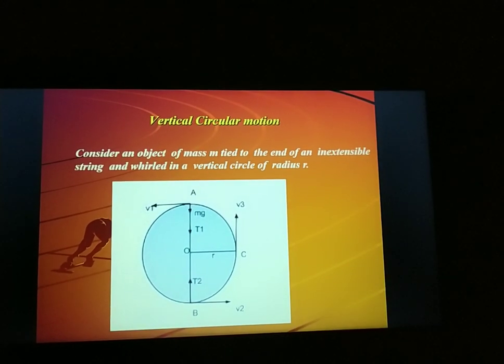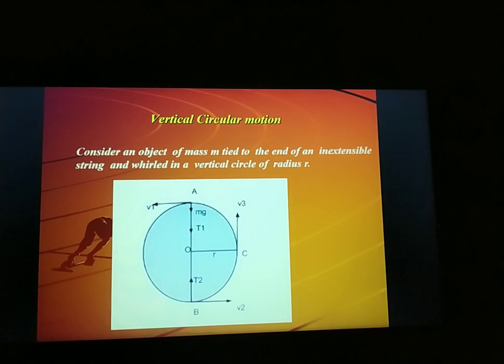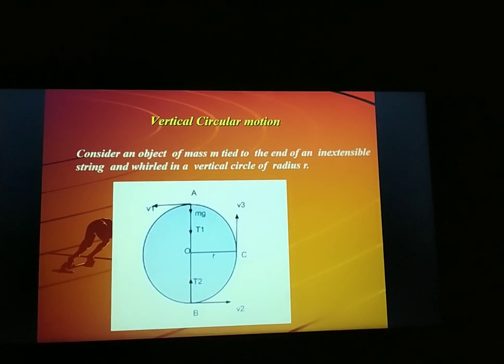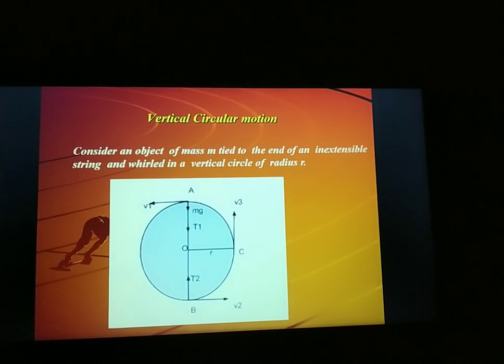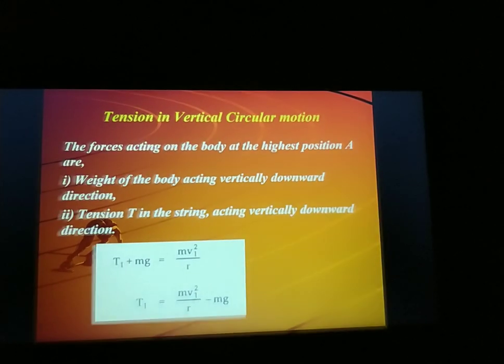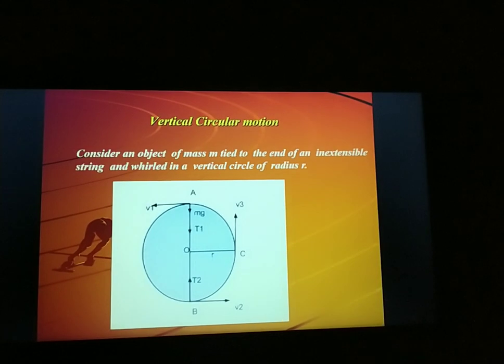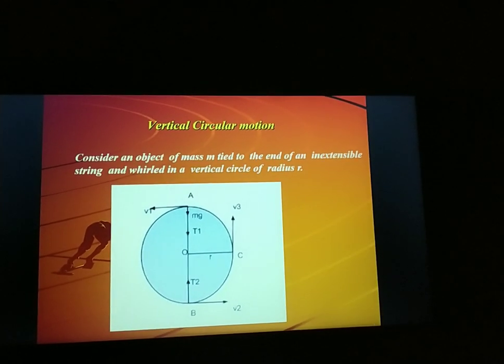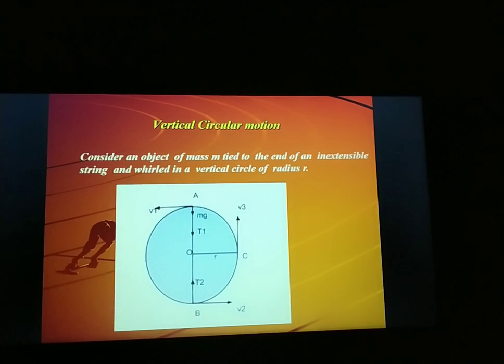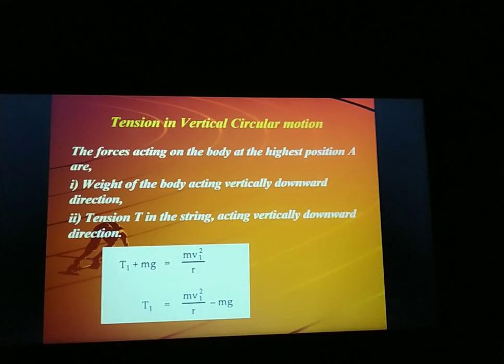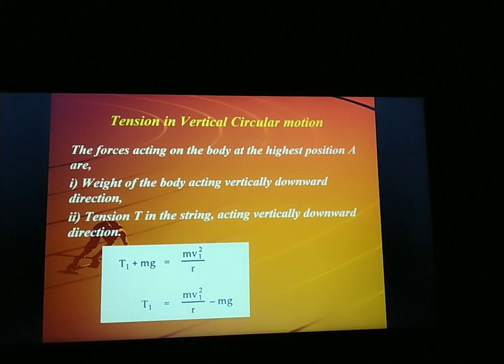As we already determined linear velocity at different positions, now you will determine the tension at different positions in vertical circular motion. For that we consider the same thing as discussed earlier: position A is the top position, position B the bottom position, and C the mid position. Here T1 plus mg equals mv1 square upon r.